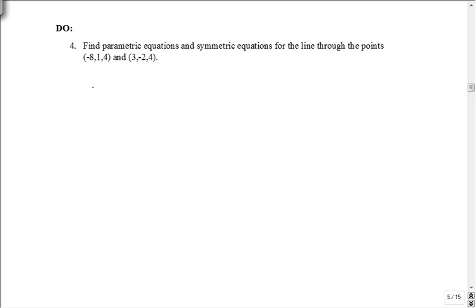So your direction vector, that is your displacement vector, rightly so, you get (11, -3, 0). You can use any point, it really does not matter.